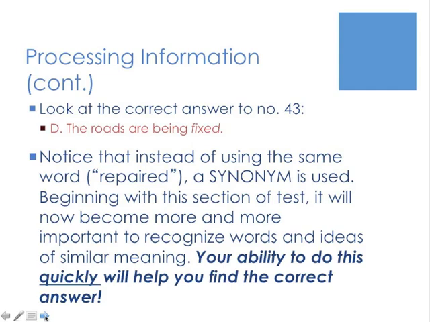Well, in the conversation, they use the word repaired. So the idea here is that we have to recognize that a synonym is being used. A synonym, of course, is a word that has a similar meaning. So starting with this section of the test, it will now become more and more important to recognize words and ideas of similar meaning. And really the idea is your ability to do this quickly will help you find the correct answer.